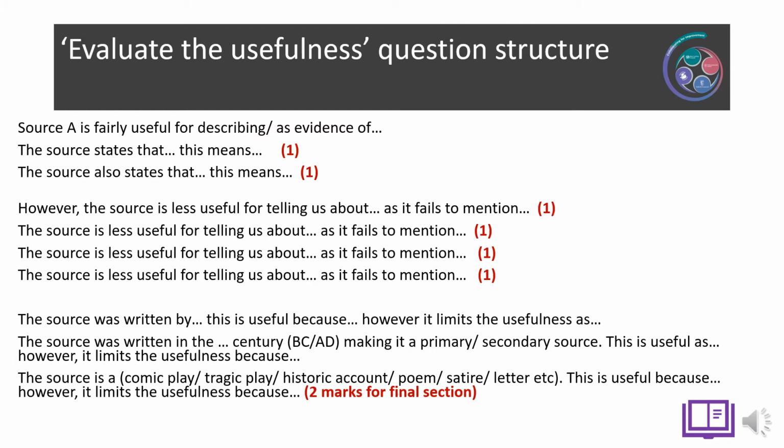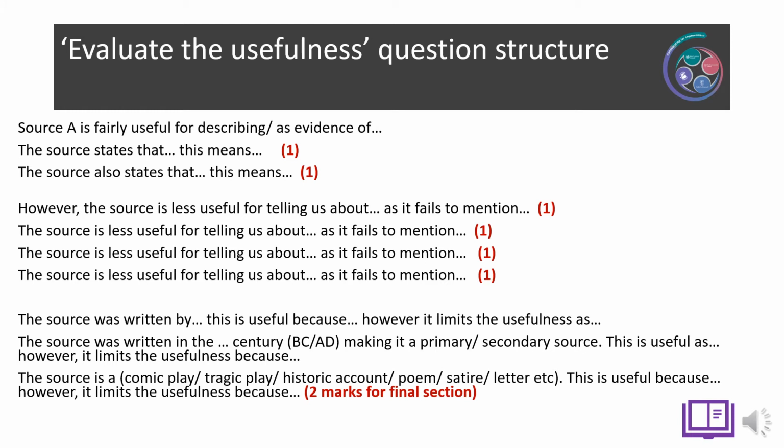Below, you will see a structure which will ensure you success when answering an evaluate the usefulness style question. Another benefit is that it will keep you on track and prevent you from deviating away from the question. Source A is fairly useful for describing, or as evidence of.